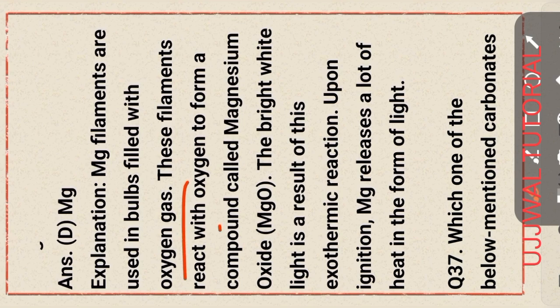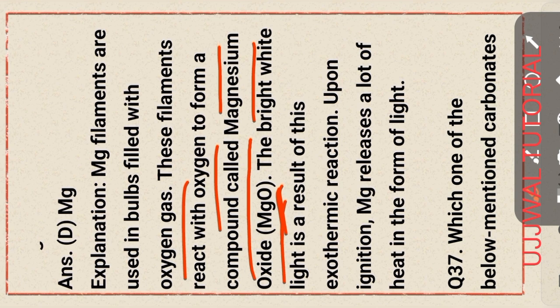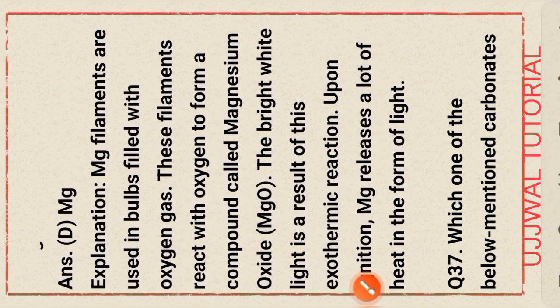These filaments react with oxygen to form a compound called magnesium oxide, MgO. The bright white light is a result of this exothermic reaction. Upon ignition, magnesium releases a lot of heat in the form of light.